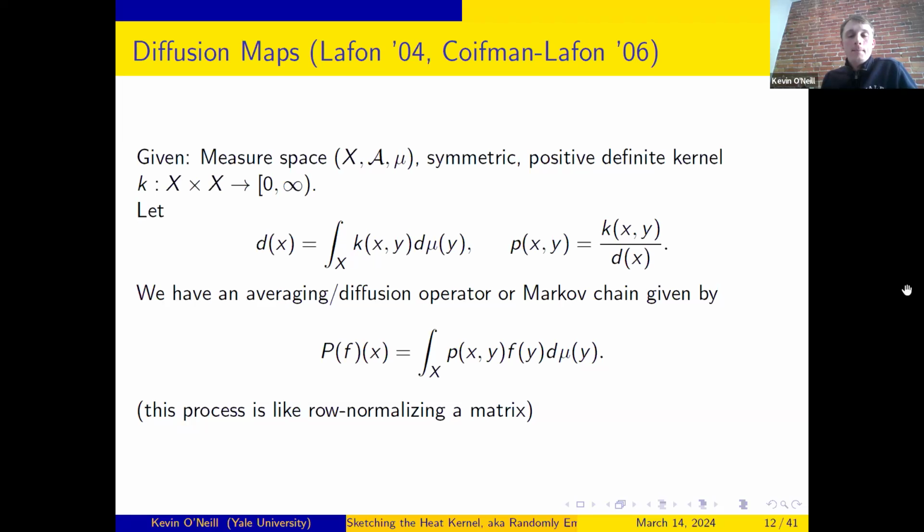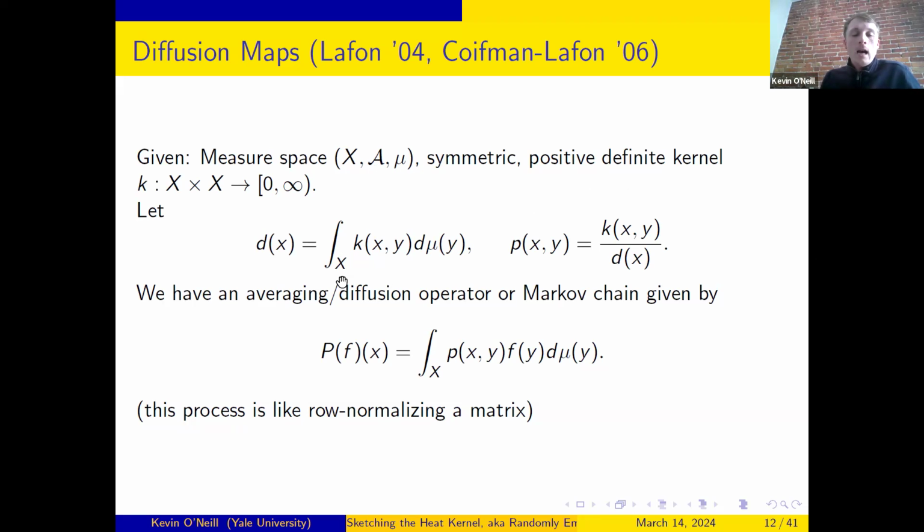So what are diffusion maps? You have a positive definite kernel, which is also symmetric, on some space, and what you do is you turn it into a Markov chain. I'm using this abstract terminology with a measure space to do this in the most generality possible, but you can think of X as just a discrete set, and then mu is the counting measure, if you like.